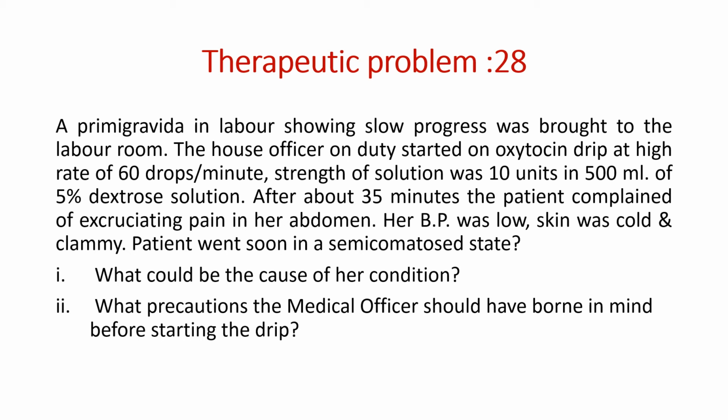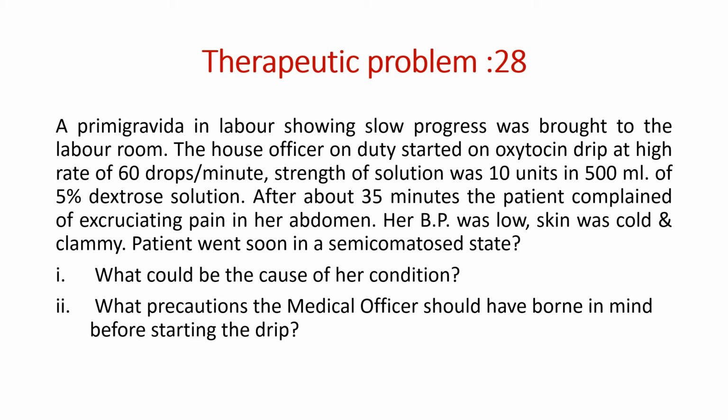Strength of the solution was 10 units in 500 ml of 5% dextrose solution. After about 35 minutes, the patient complained of excruciating pain in her abdomen. Her BP was low, skin was cold and clammy. Patient went soon into a semi-comatose state.